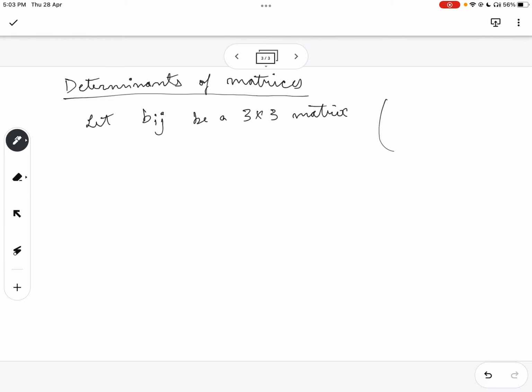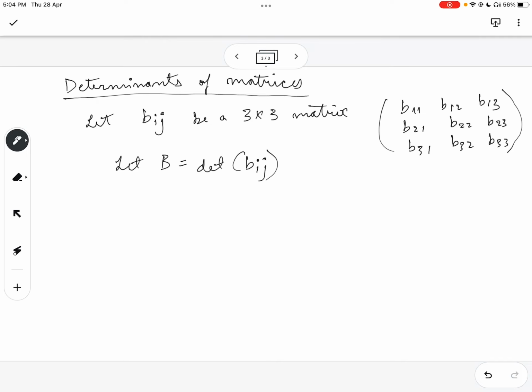So it's written as B11, B12, B13, B21, B22, B23, B31, B32, B33. Let capital B be the determinant of Bij, which is written as the same.